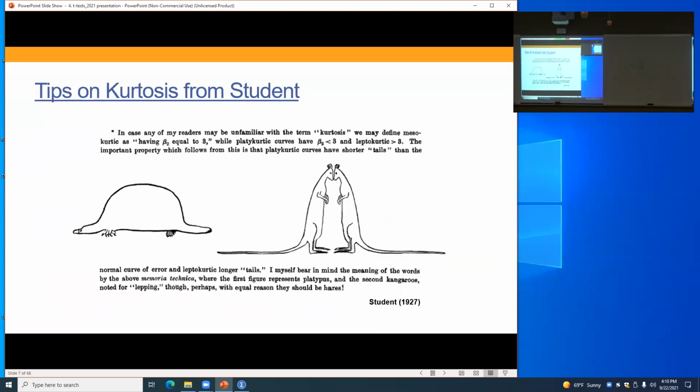No worries, Student has your back with a slick illustration from 1927. This is a pretty cool thing you could do back in the day. You just do some drawings. In any case, readers may be unfamiliar with the term kurtosis, mesokurtic.